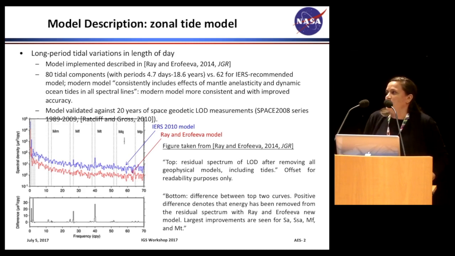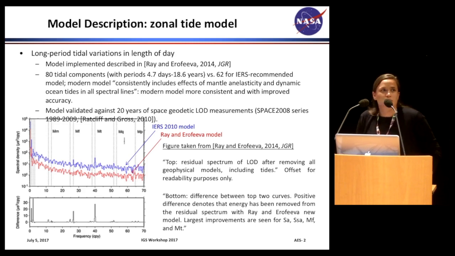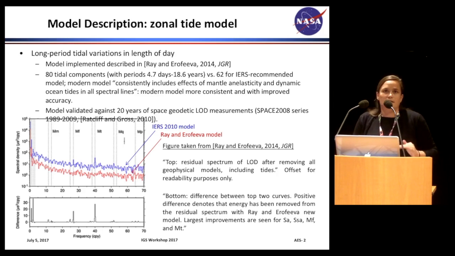I have to add, though, that in the case of GPS POD, we only use the zonal tide model for interpolation purposes. So it's during the regularization process, basically when we have our nominal daily time series from, for instance, Bulletin A or EOPC04, you use that model to remove those long period variations and interpolate to the epoch of interest before putting back the exact same model.